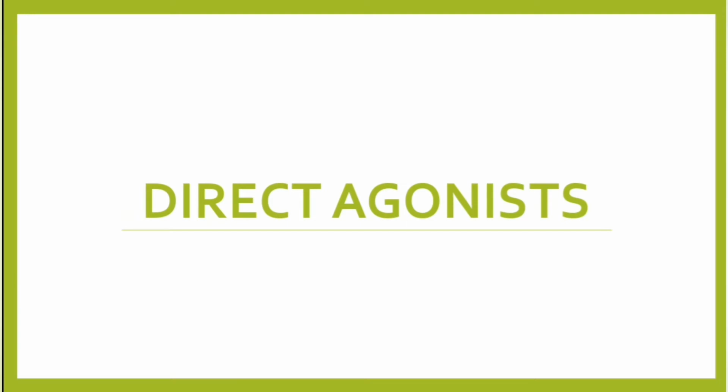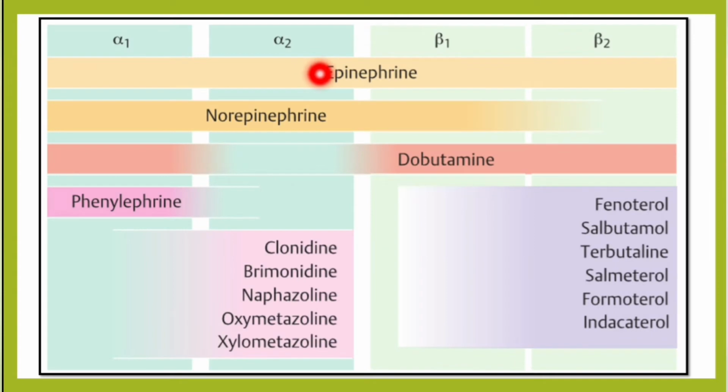The first one is epinephrine, obviously, and epinephrine acts on alpha 1, alpha 2, beta 1, beta 2, all of them, non-selective. There is norepinephrine, it acts on alpha 1, alpha 2, beta 1, with a decreased activity in beta 2. Phenylephrine is actually selective, it acts on alpha 1.